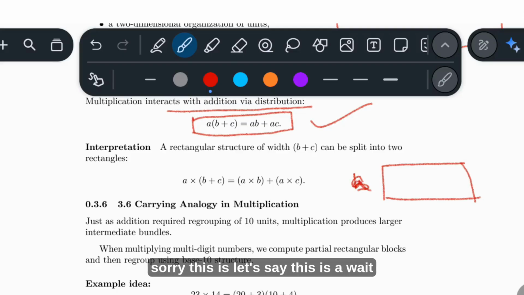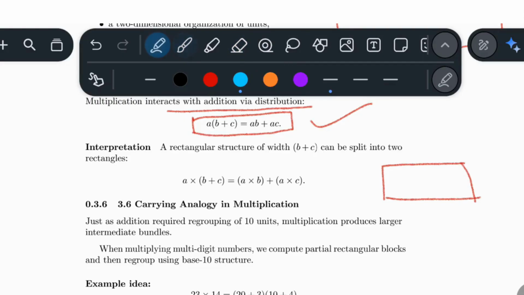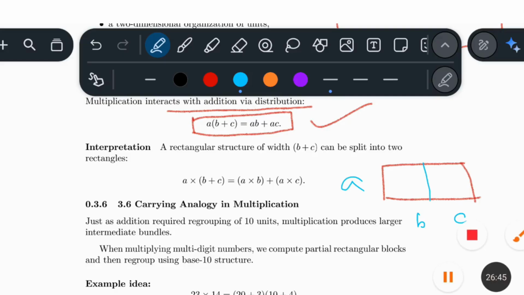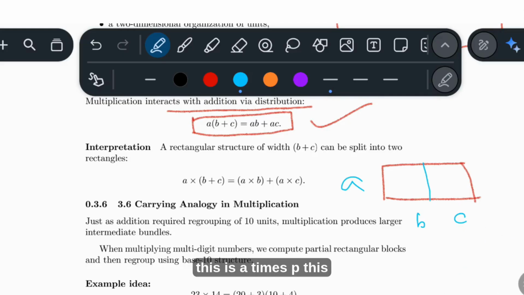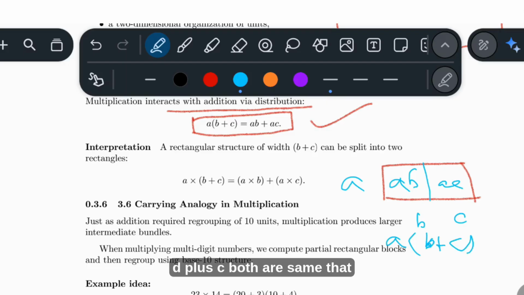Let's say this is A, this is B, this is C. You have to find the area of this rectangle. So this is A times B, this is A times C. Either you can write it like this or like this, A times (B plus C), both are the same.